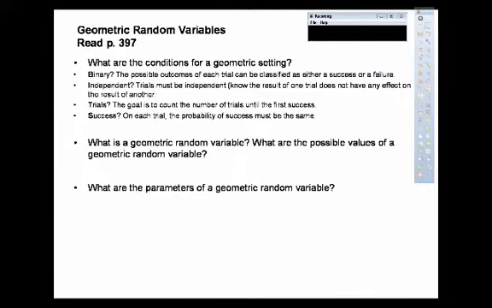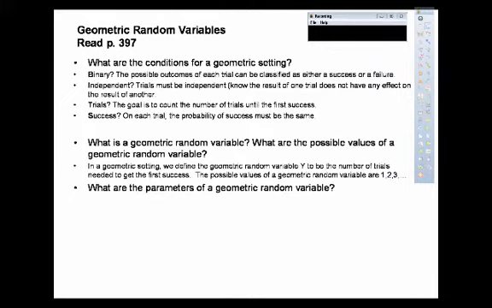What is a geometric random variable? What are the possible values of a geometric variable? Well, in a geometric setting, we define the geometric random variable y to be the number of trials needed to get the first success.